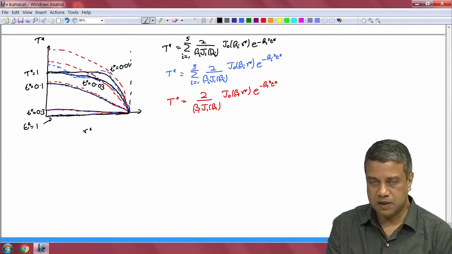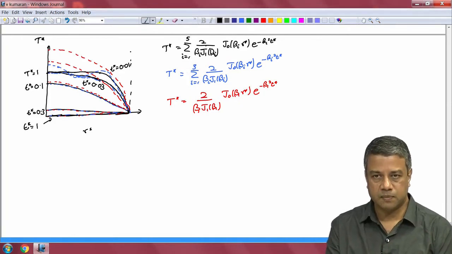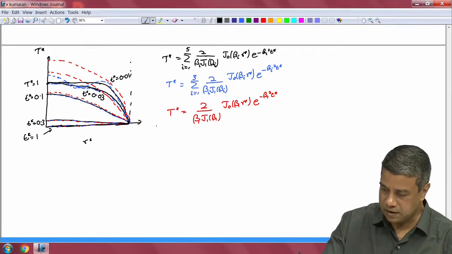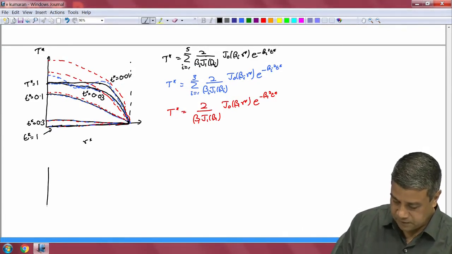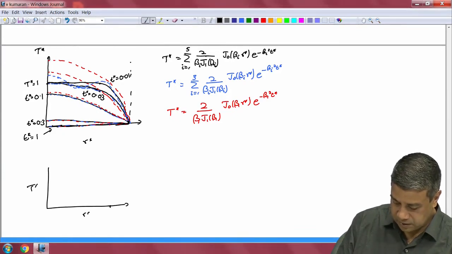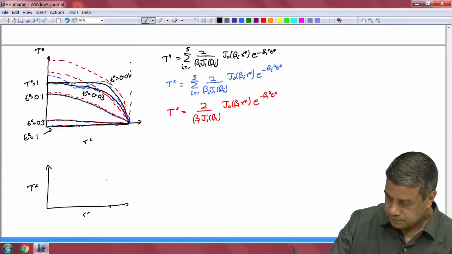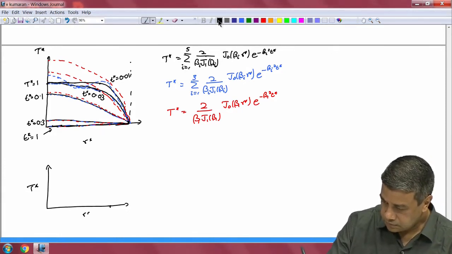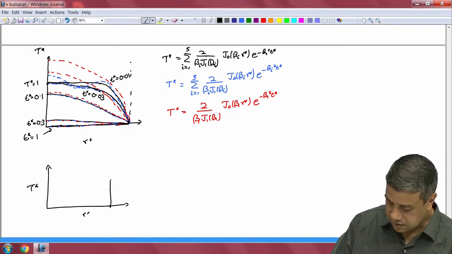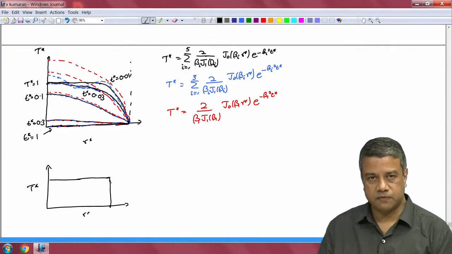When time is very small, it breaks down, and the reason is that at very early times, at t equal to 0, for example, the temperature profile actually is a step function. It looks like this.